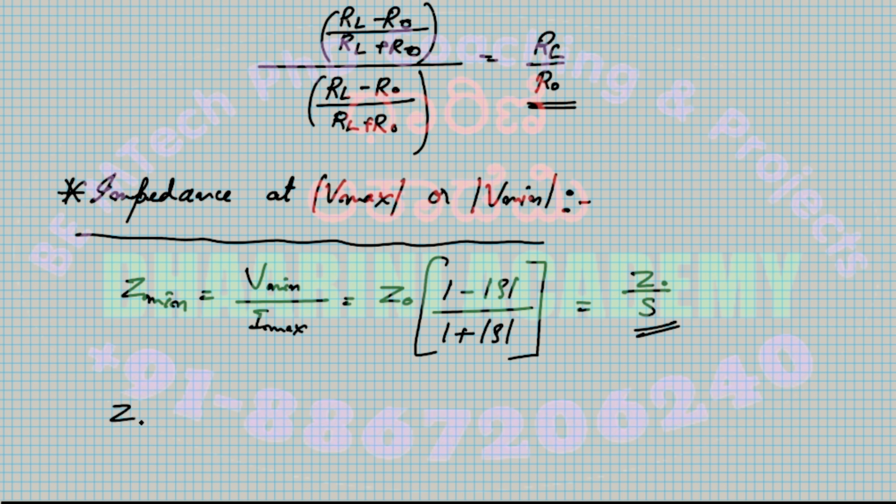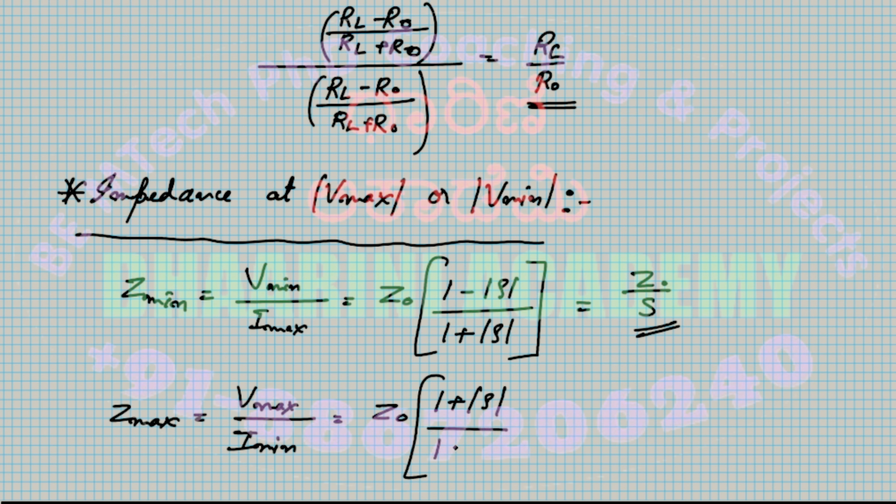Similarly, the Z max is nothing but wherever V max occurs, V max divided by I min. Z naught should be there because I'm measuring in terms of Z naught only. When it reaches maximum, it is 1 plus magnitude of rho. When it is minimum, 1 minus magnitude of rho. So now inside the bracket you see S itself, correct?